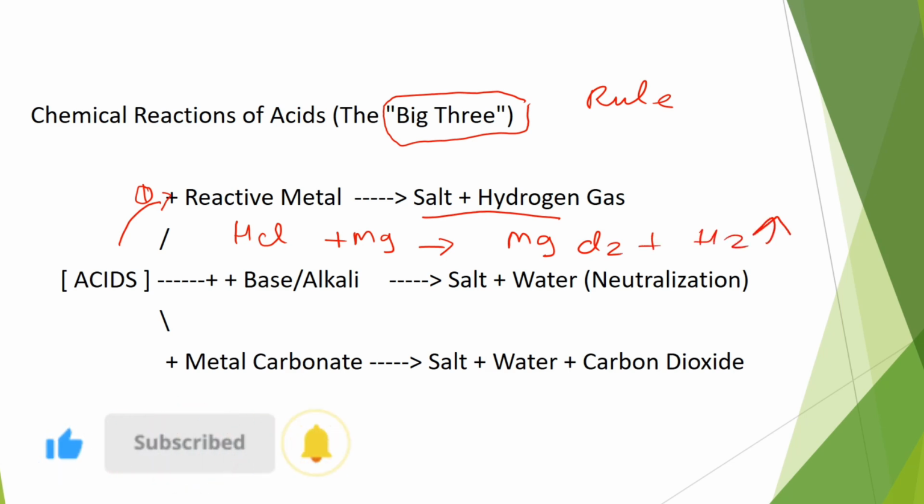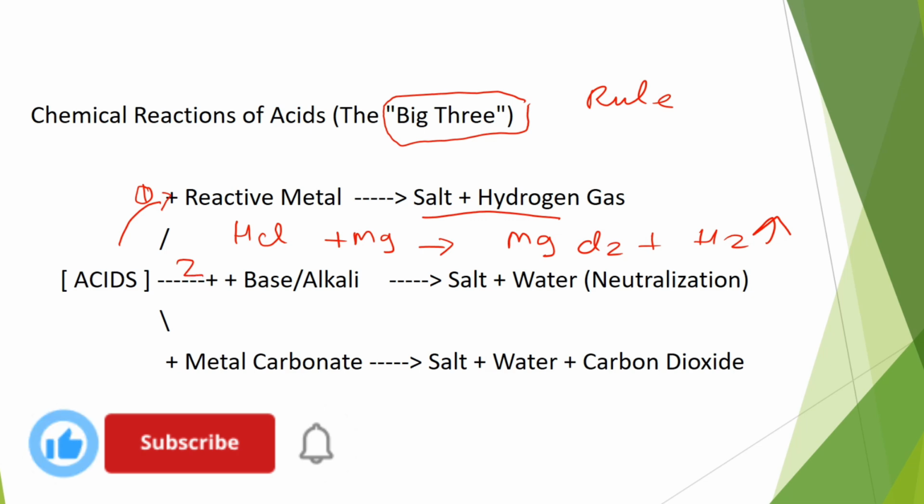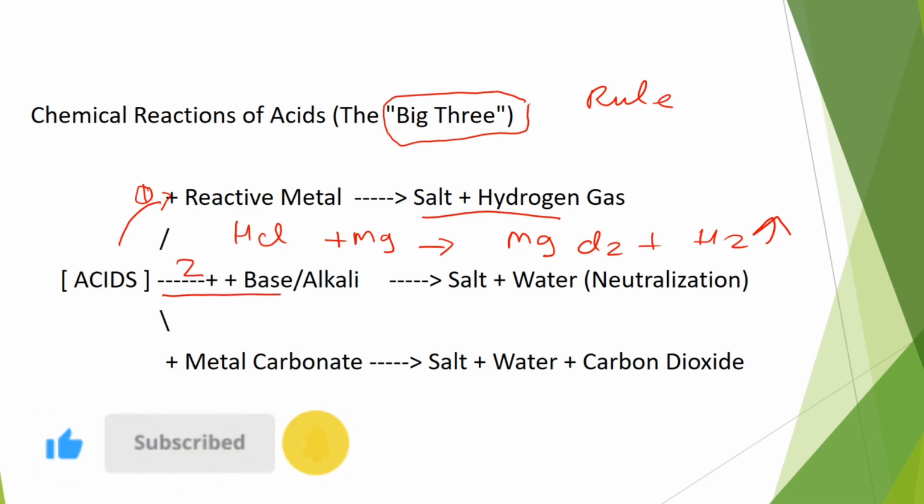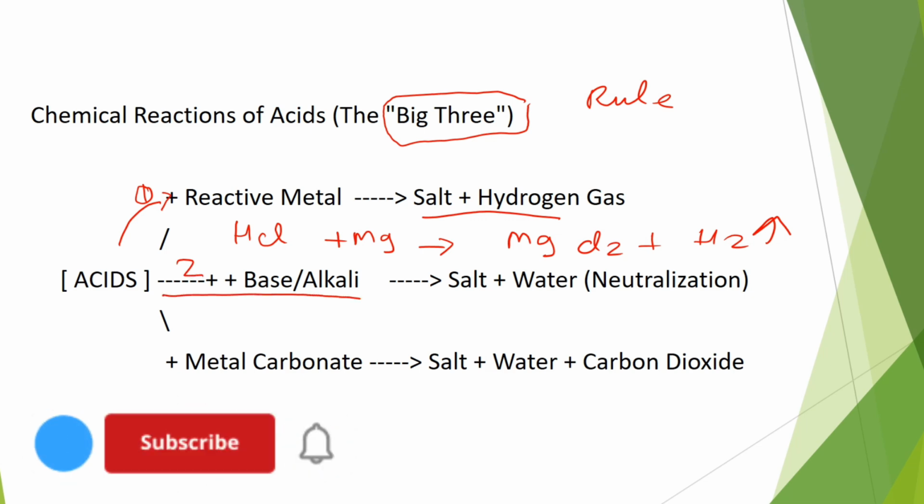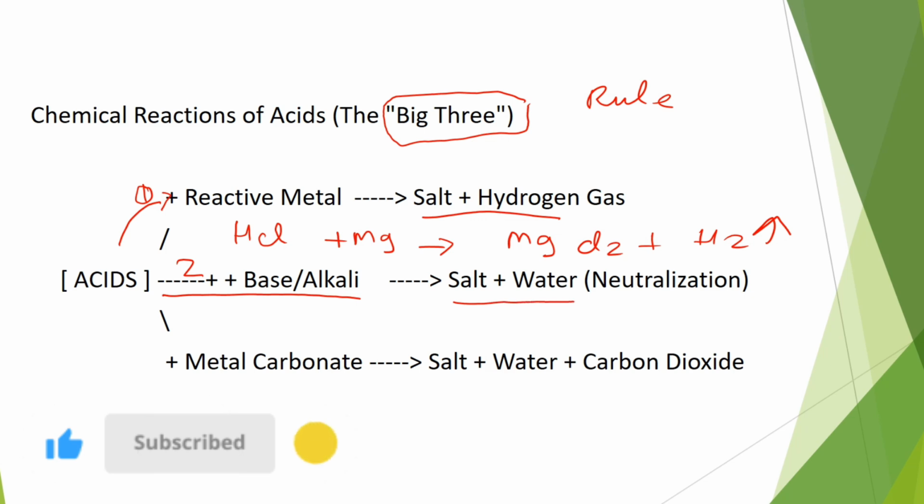Number two, acid reacts with base or alkali and it produces salt and water. A neutralization reaction occurs. For example, if HCl reacts with a base or alkali, you know sodium hydroxide is both. It acts as a base, it also acts as an alkali.